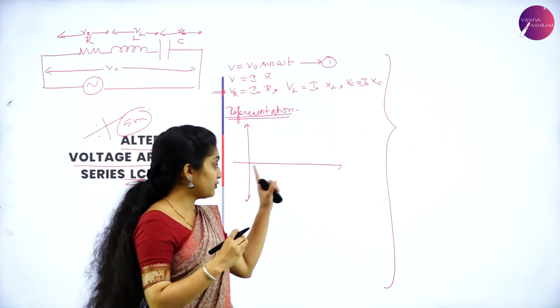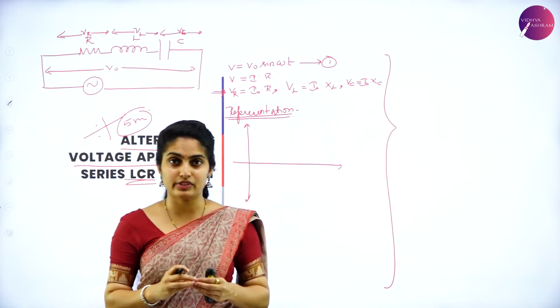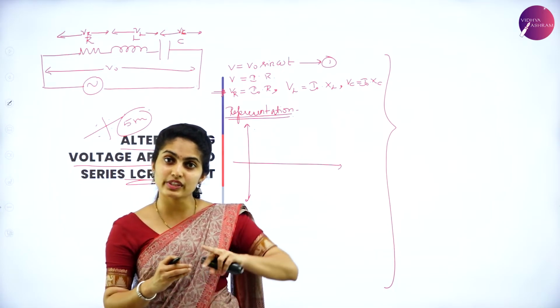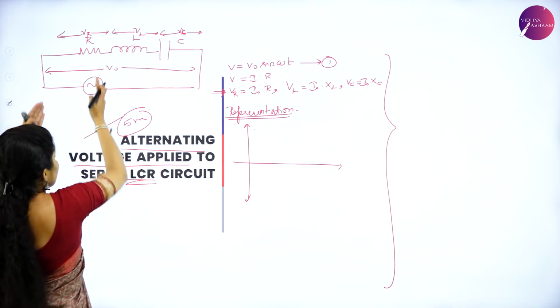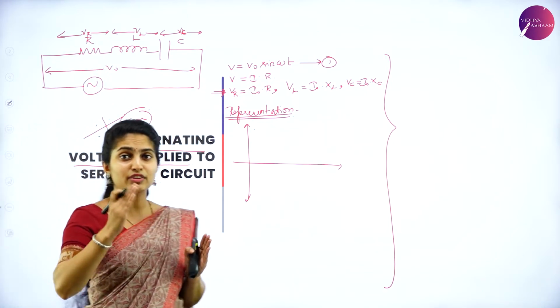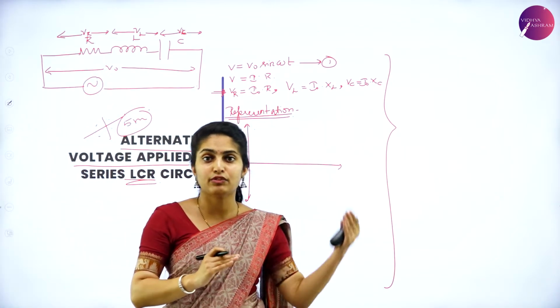First of all, we consider what happens when an alternating source is applied to a resistor. One by one, we are going to split and give the phasor.